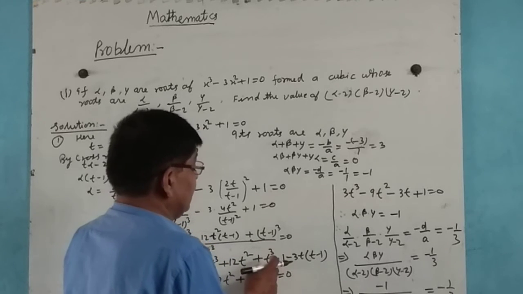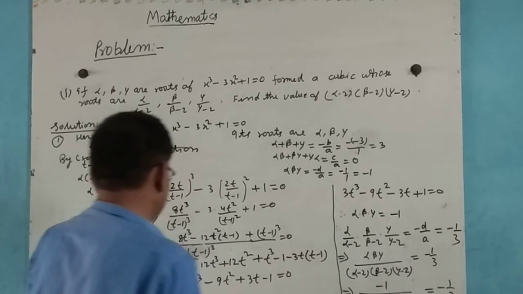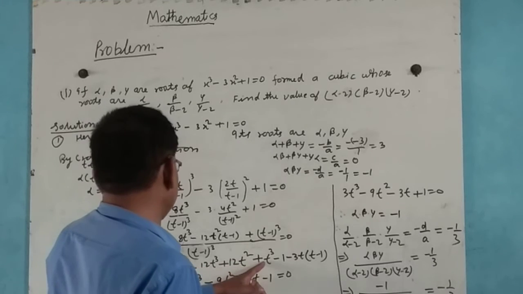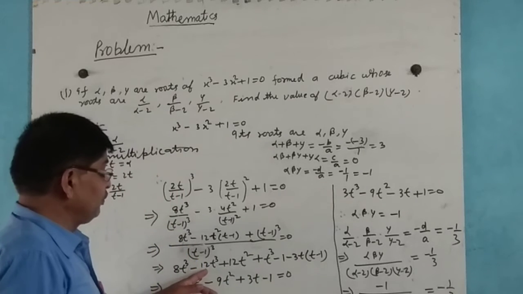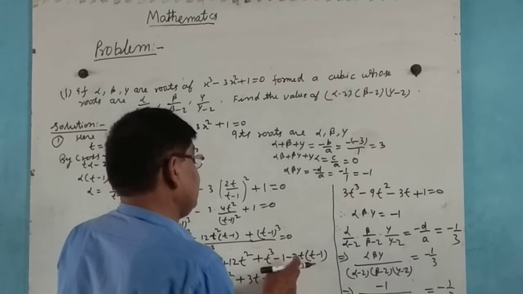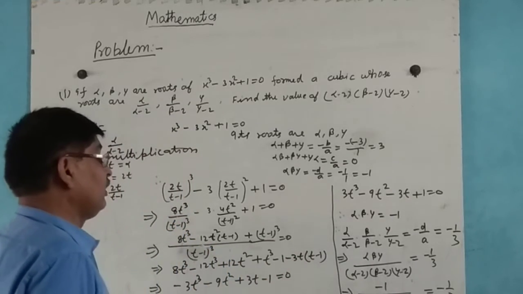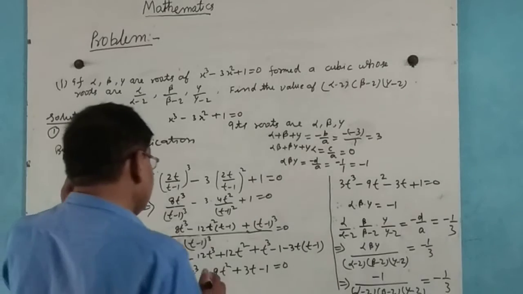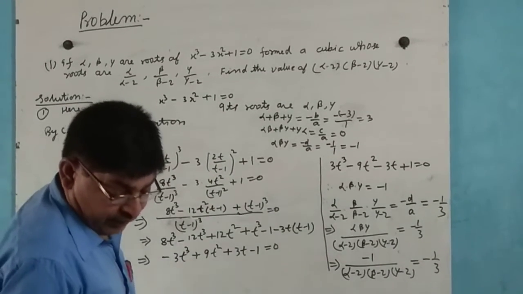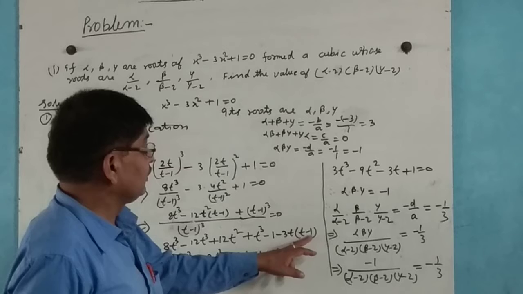Collecting terms: 8t cube, 9t cube, minus 12t cube and minus 3t cube; t square terms 12t square minus 12t square and 3t square, that is 9t square, plus 3t.